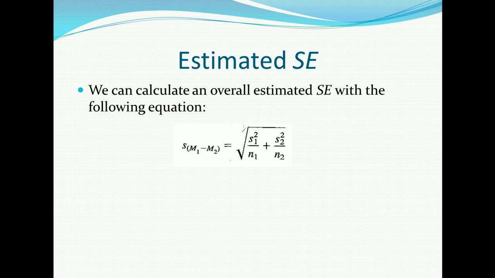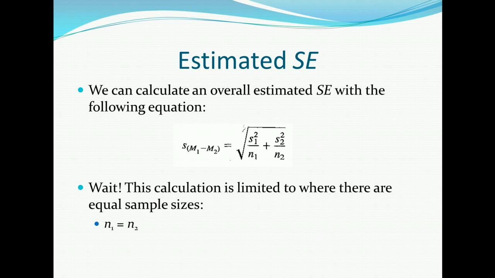So we calculate an overall estimated standard error with the following equation, which is the square root of variance sub 1 divided by n sub 1, plus variance sub 2 divided by n sub 2, the sample size.